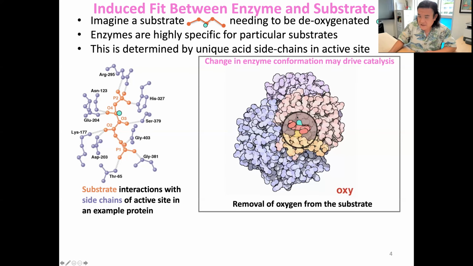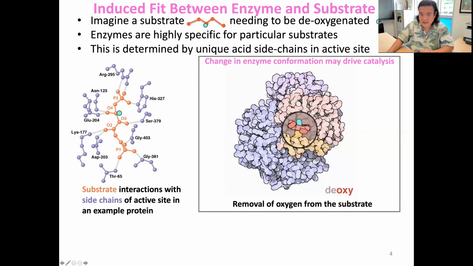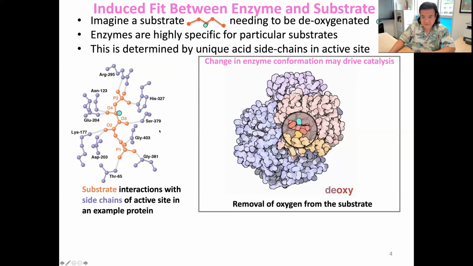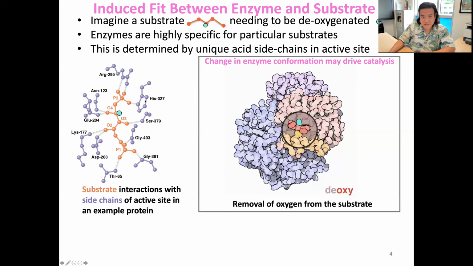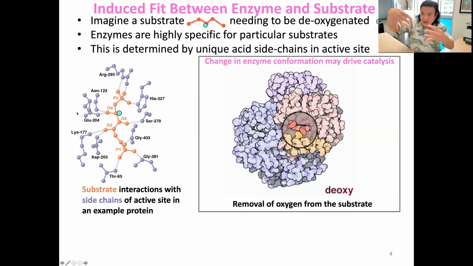And if you were to look at the amino acid side chains of the amino acid residues of the protein that are kind of sticking into this pocket, that's what we see on the left. So these purple side chains are the amino acid side chains that are positioned to actually stick into this pocket, thereby defining the very specific shape of that pocket in there where something can bind.